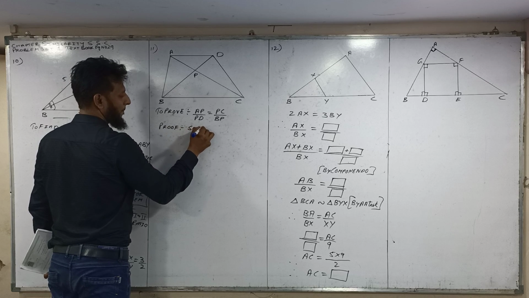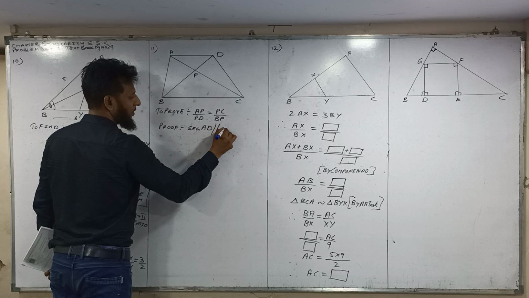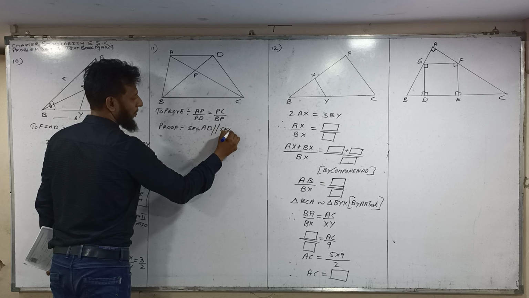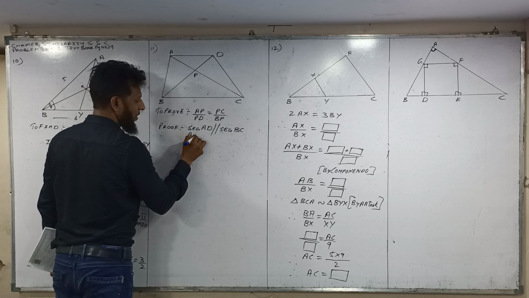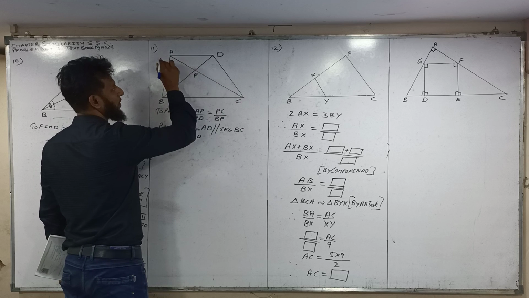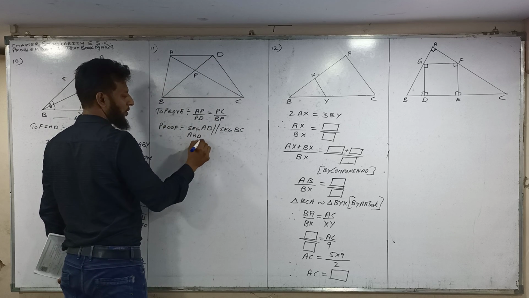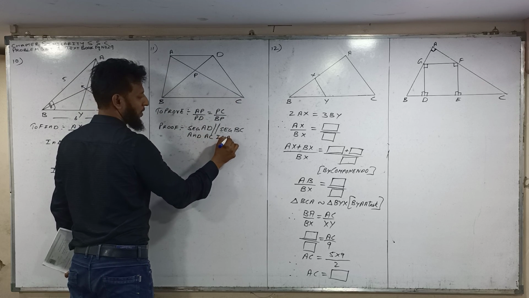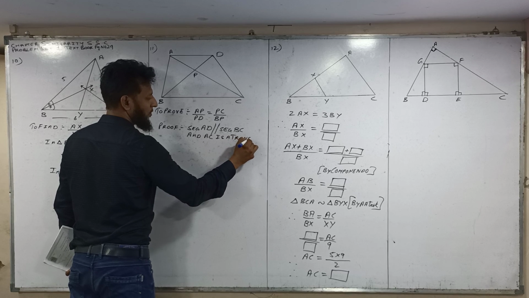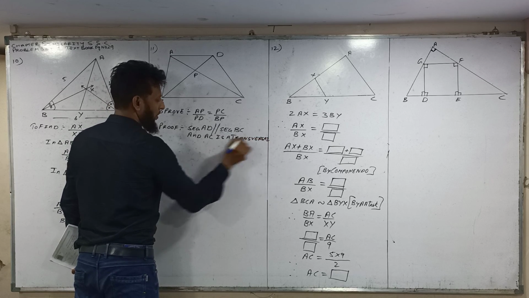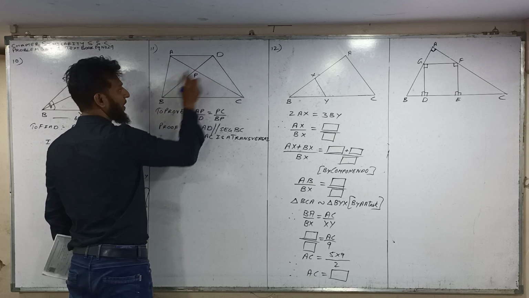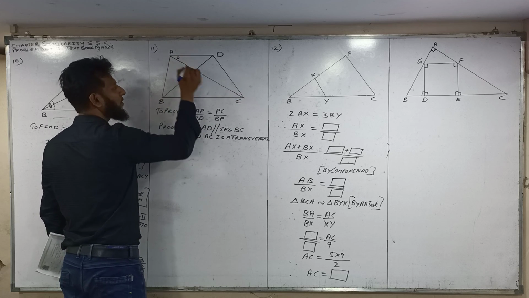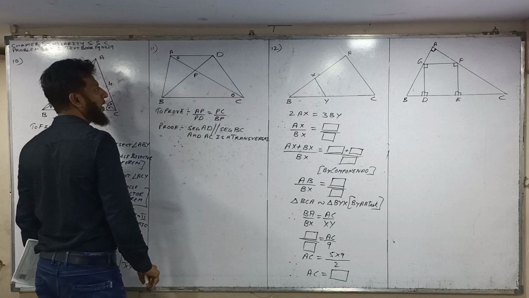Proof: segment AD parallel to segment BC, given, and take AC as a transversal. Therefore these are parallel lines and this is a transversal, so this forms a Z, and this angle is congruent to this angle, alternate angles.